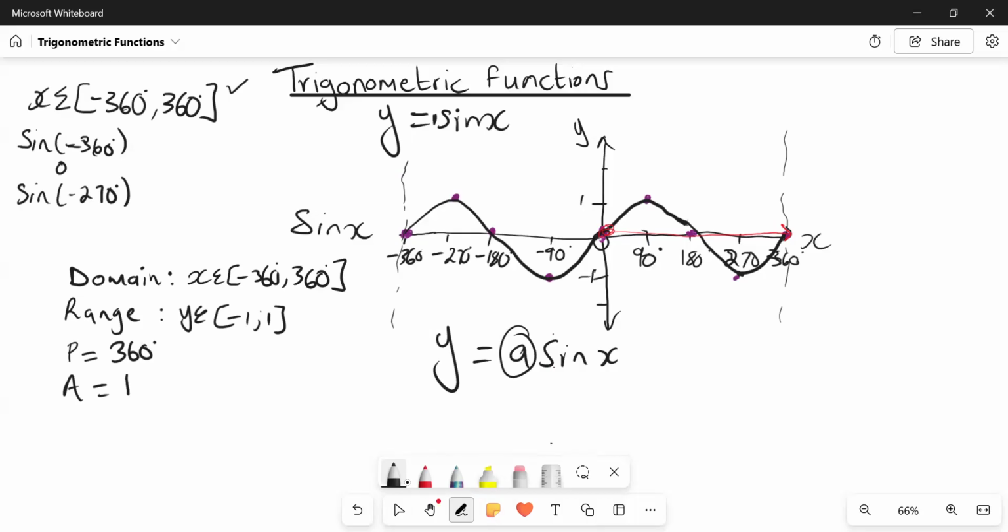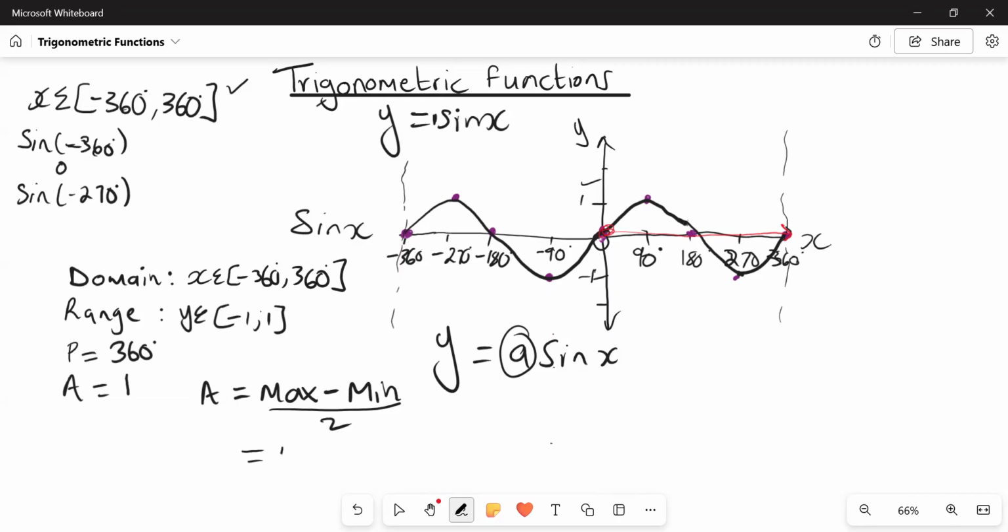But there's another formula to get your amplitude, which is: A is equal to the maximum minus the minimum, divided by 2. So let's use these values. The maximum value here is positive 1 minus negative 1, and then divide by 2.